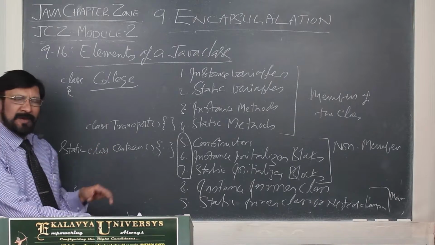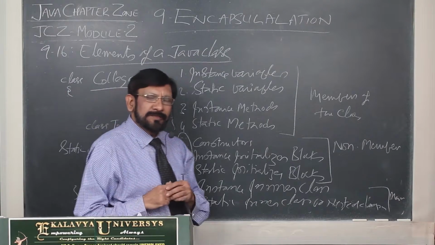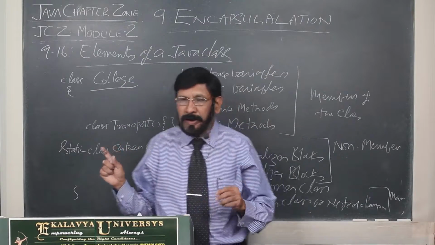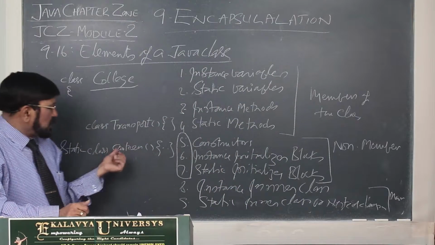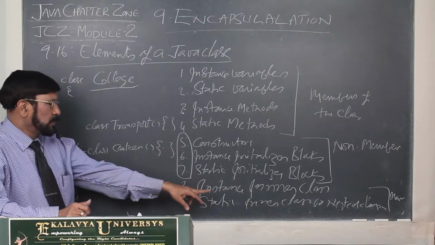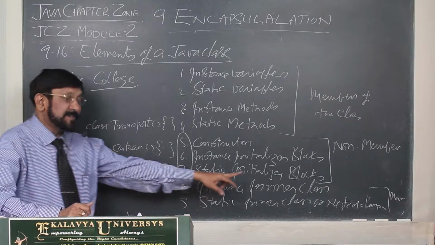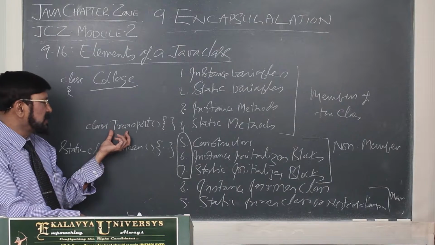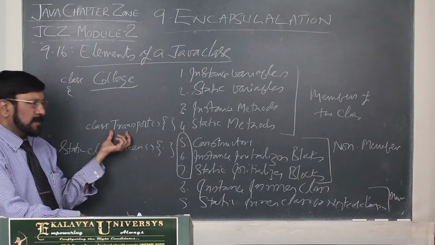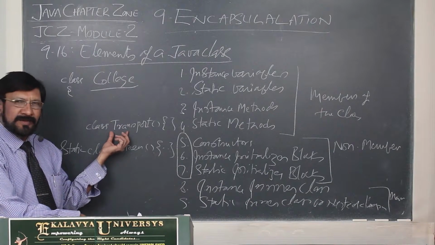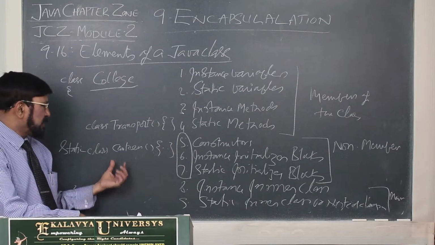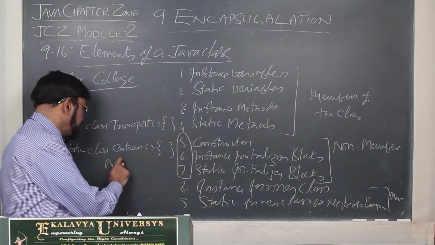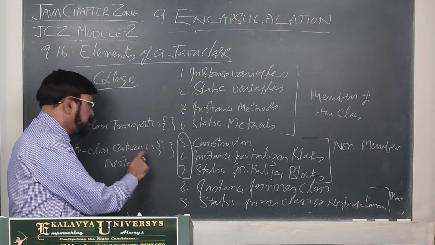It is also an inner class, even though you can call it a nested class for the sake of differentiation. This is the instance inner class, and this is simply called an inner class. This is the static inner class. For the sake of differentiation, you may call it a nested class.